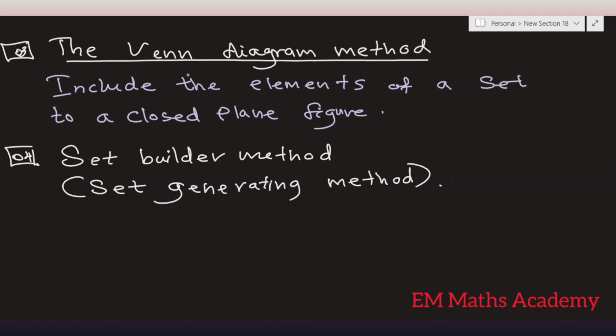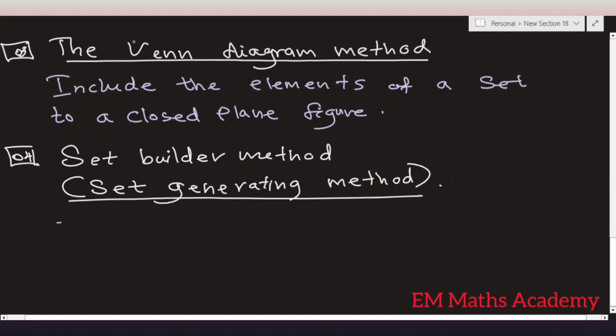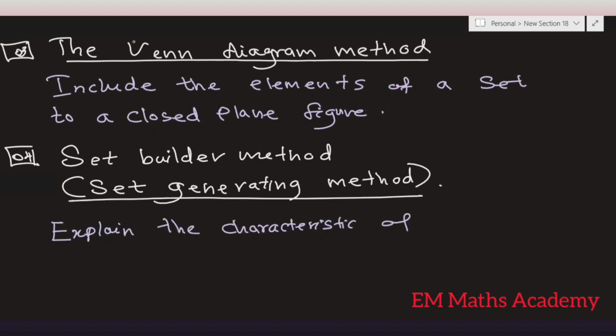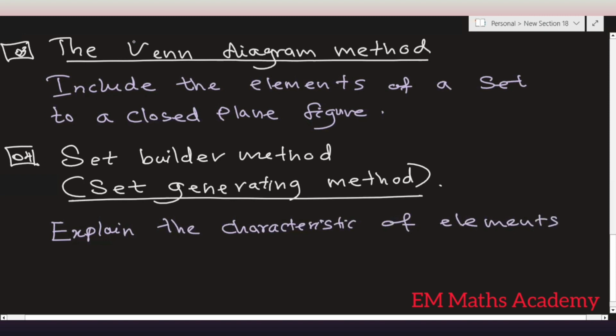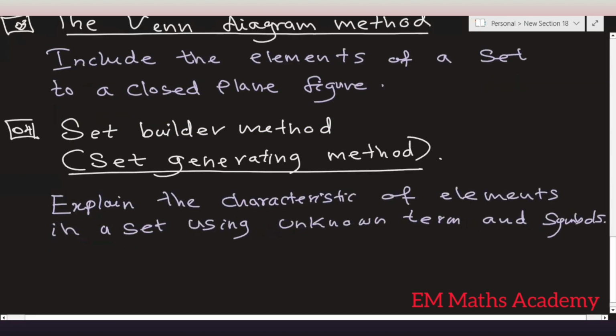Actually, this method is also one of the methods that represent a set. This is not difficult. Here what we do is explain the characteristic of elements in a set using unknown terms and symbols. In this case we use symbols, not any language.